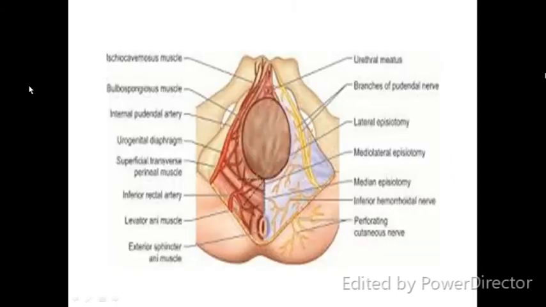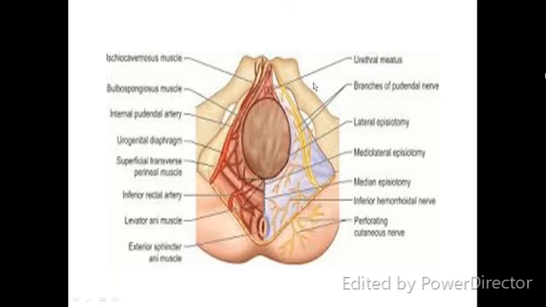What are the branches which are cut during episiotomy? The picture is not very clear, but as you see, this is the crowning of the head. So when you are giving the 45 degree incision, the superficial transverse perineal muscles are there. This is the internal pudendal artery. The branches of this internal pudendal artery are cut during episiotomy.